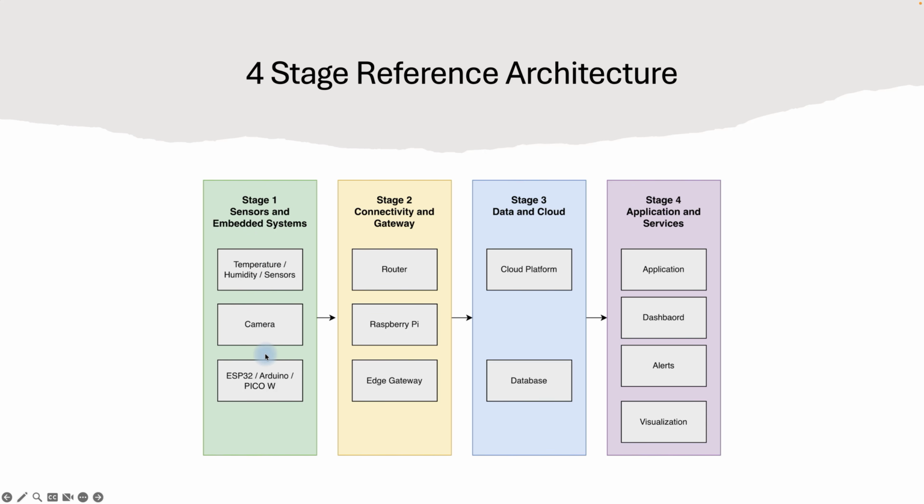Now, every such sensor or every such actuator cannot operate on its own, so it almost always requires some form of embedded system connected to it. What is that embedded system? It is typically a microcontroller which can communicate with the sensors and can also activate the connected actuators.